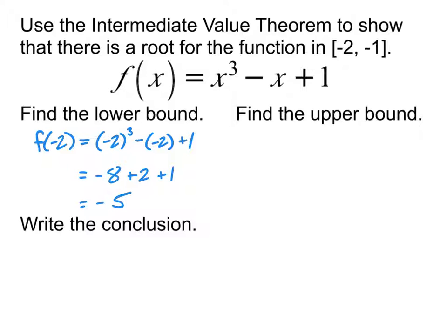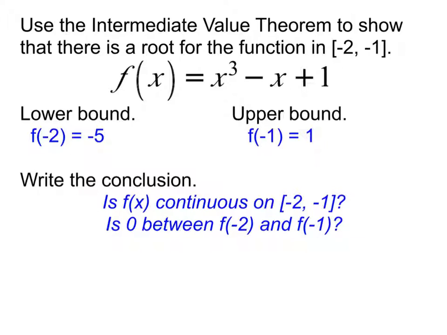And when we do that, we find that f of -2 is -5. Repeat the process for the upper bound, or in other words, find f of -1. And so when we find the value of f of -1, we get 1. So how does this help us? Well, we found our two f of x values at the endpoints of our interval.